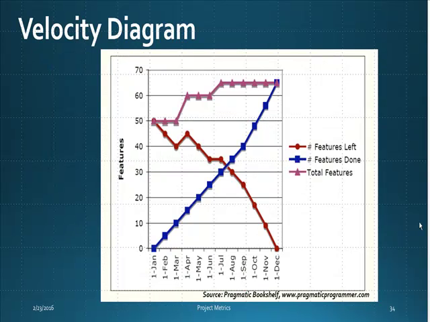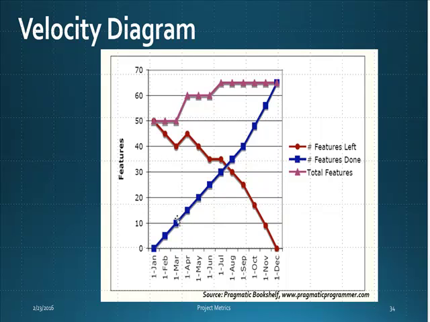Velocity diagram. This one is another interesting view. It looks at how many features we have accomplished as time goes by, right? The blue line shows the number of features that have been completed, which means that over time you accomplish more and more.